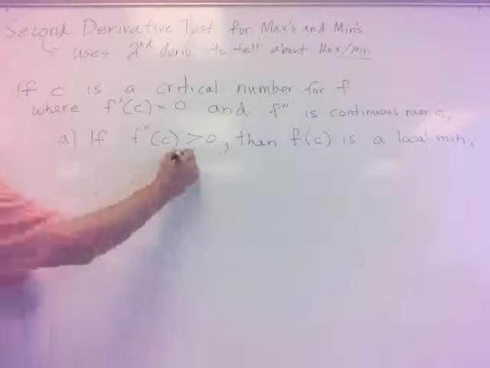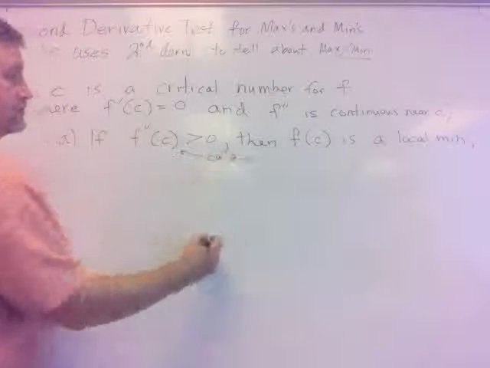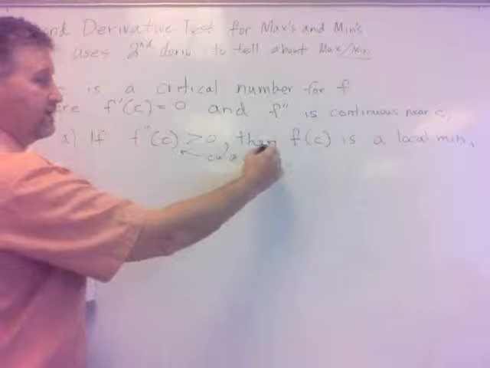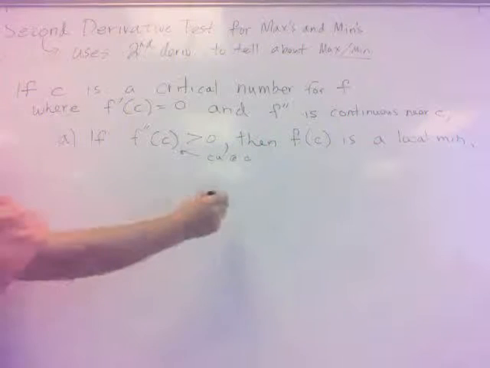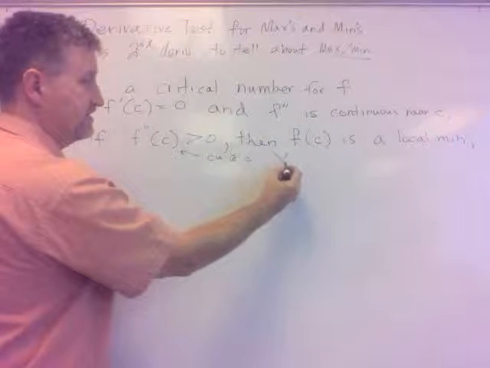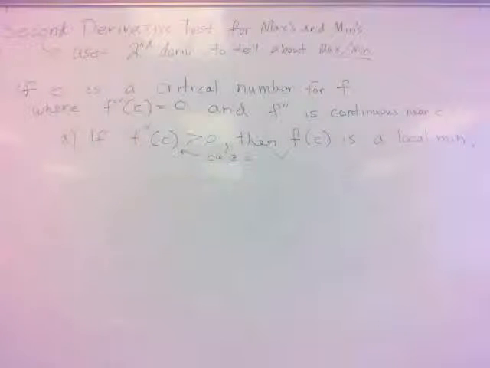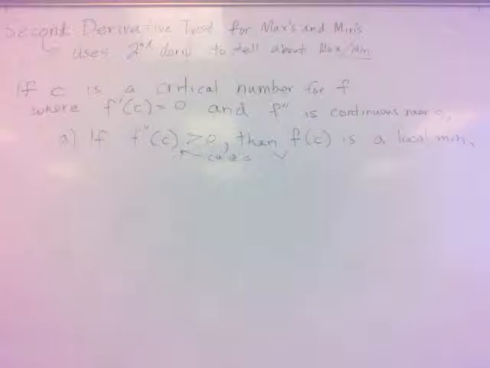So we've got concave up at C. Well, if I've got concave up, and we know it's a horizontal tangent, here's C. Doesn't C have to be the low point, because that's concave up? And so that's why, if you evaluate the second derivative at C and it's greater than 0, it's a local min.